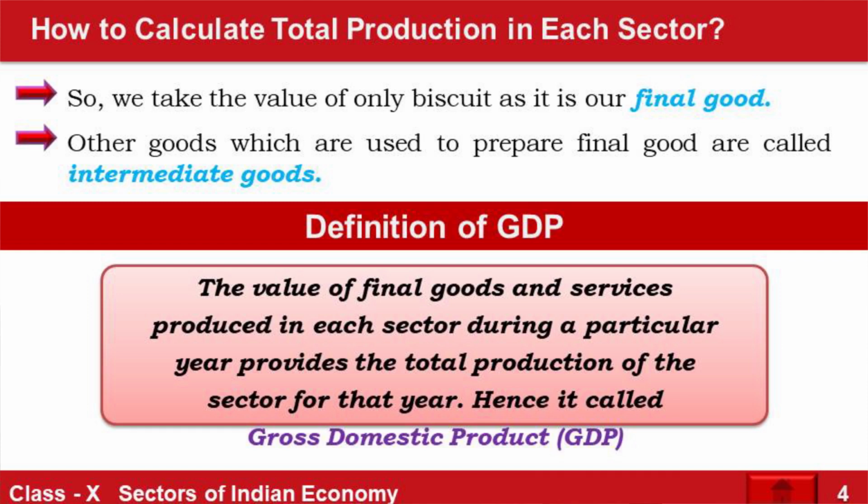So they calculate the total income of the country, that my country people on the basis of biscuit price have earned this much this year. So this has been the income of my country, India. I am repeating, the final good and final service will tell you the final income of the country.